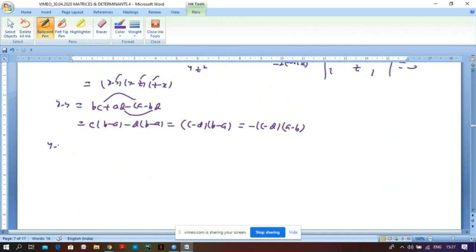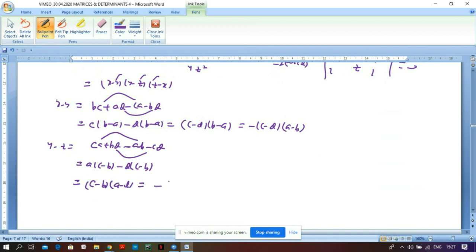Let's get y minus z. So y minus z is ca plus bd minus ab minus cd. I combine these: a times (c minus b) minus d times (c minus b), that is (c minus b)(a minus d), which is negative of (b minus c)(a minus d).